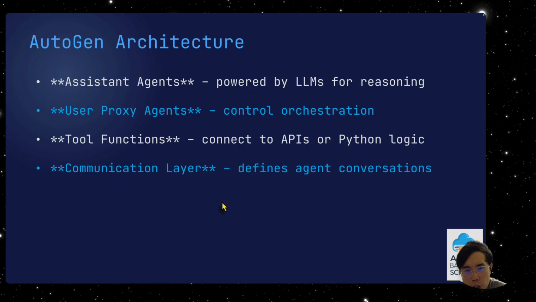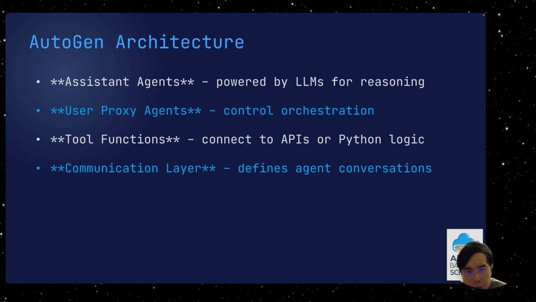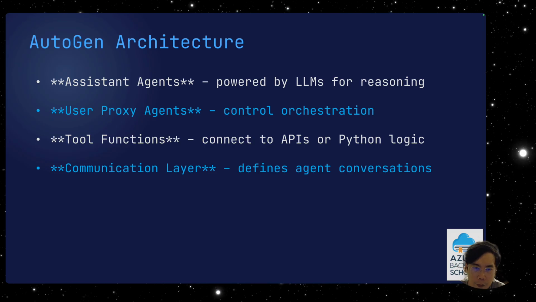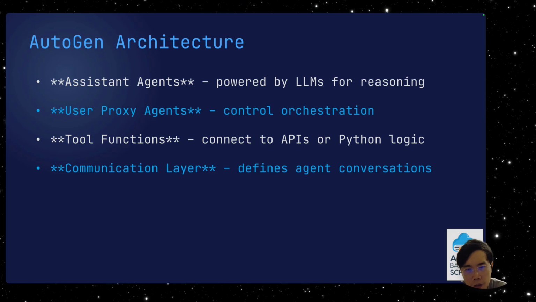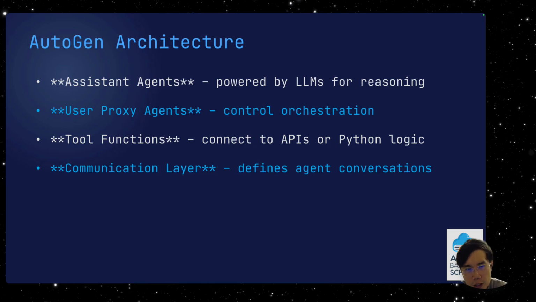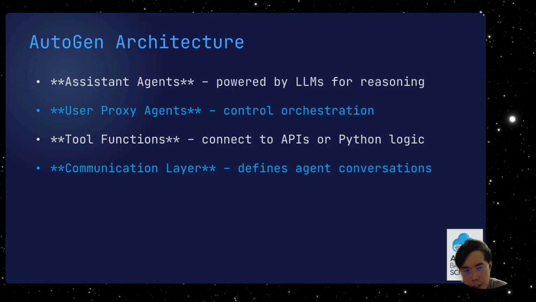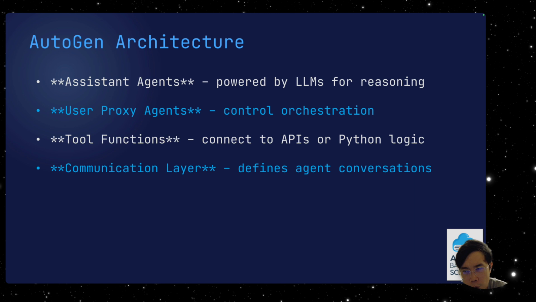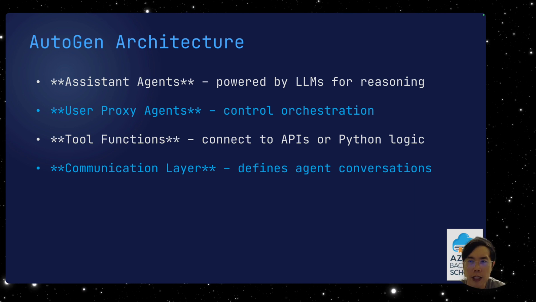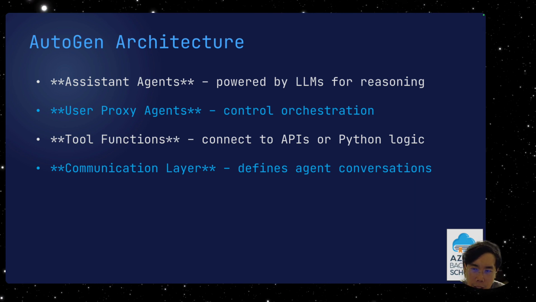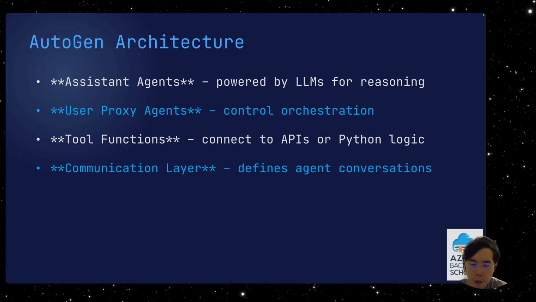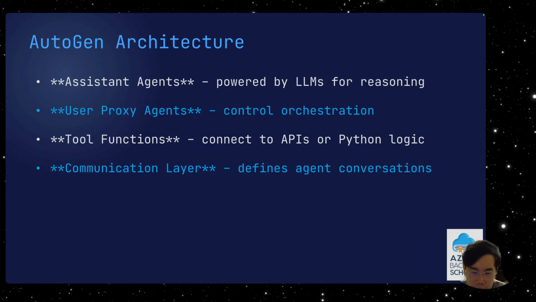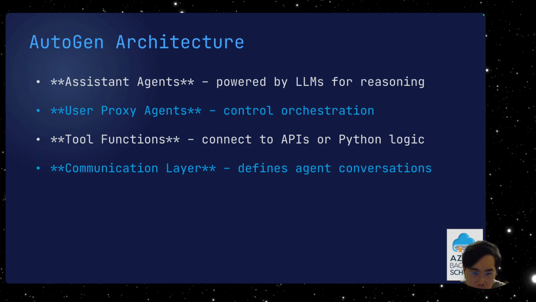As you know, AutoGen has an architecture divided into 4 core features. The first one we call assistant agents, where we can use LLMs to provide the system prompt or user prompt.